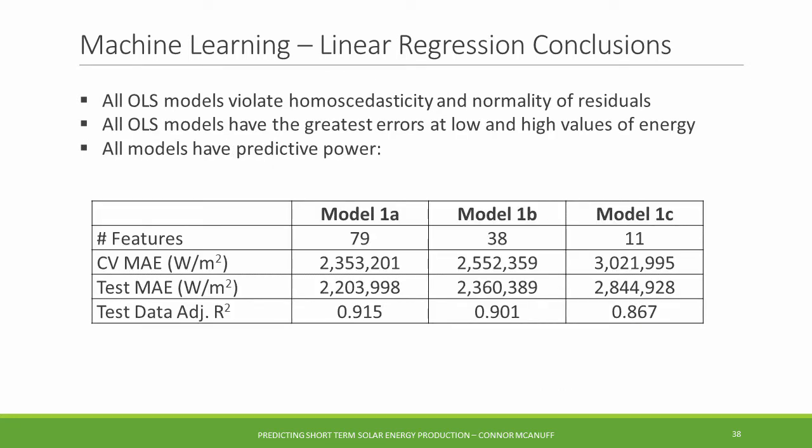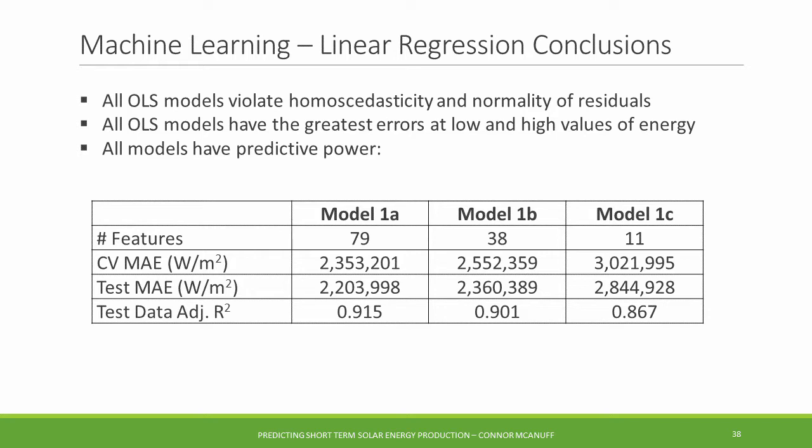Comparing the results of the 3 linear regression models using the evaluation criteria, we see that reducing and then eliminating multi-collinearity did not improve the models, rather the contrary. Model 1a has the lowest CVMAE, test MAE and highest test data adjusted R-squared.